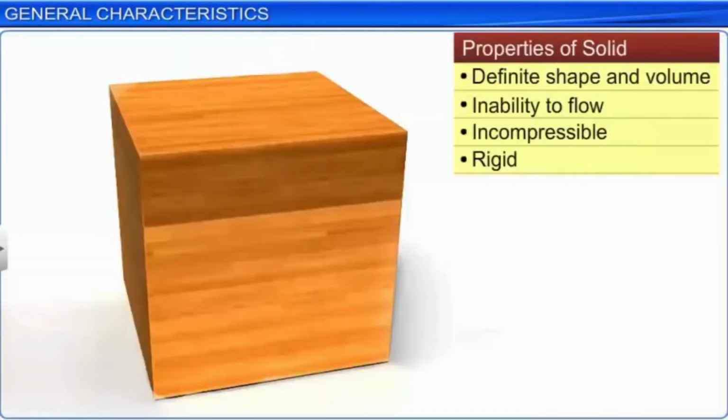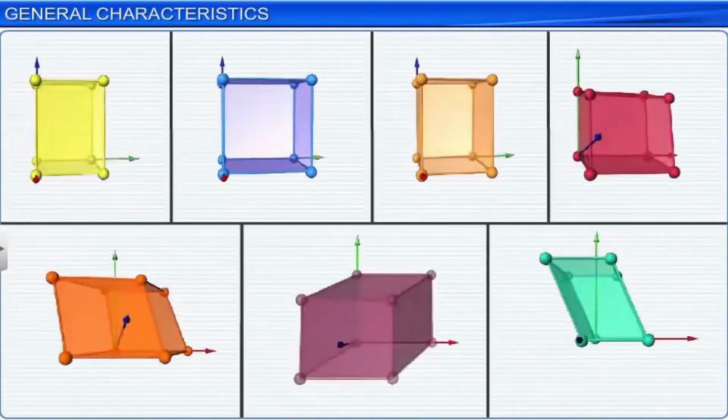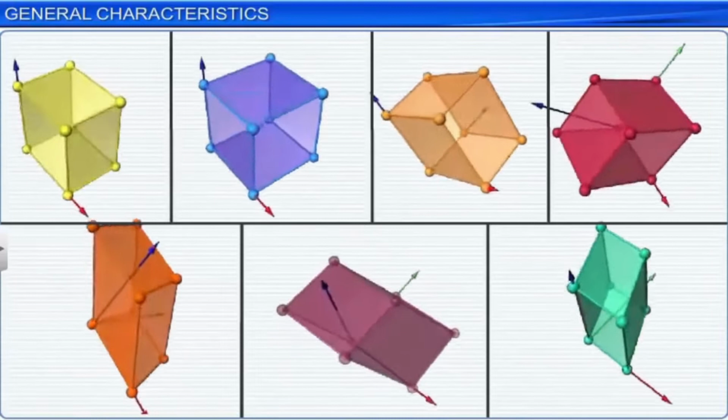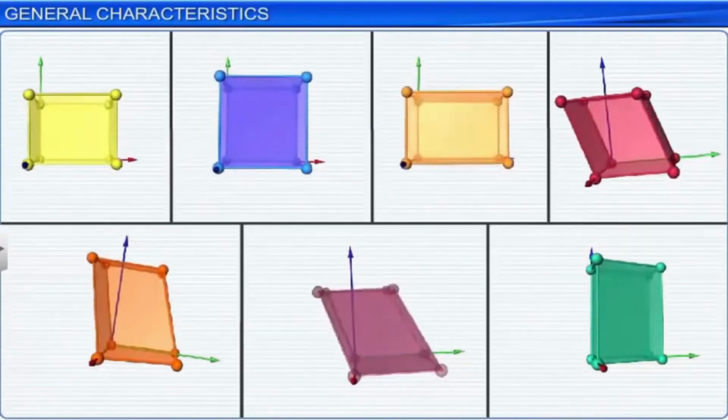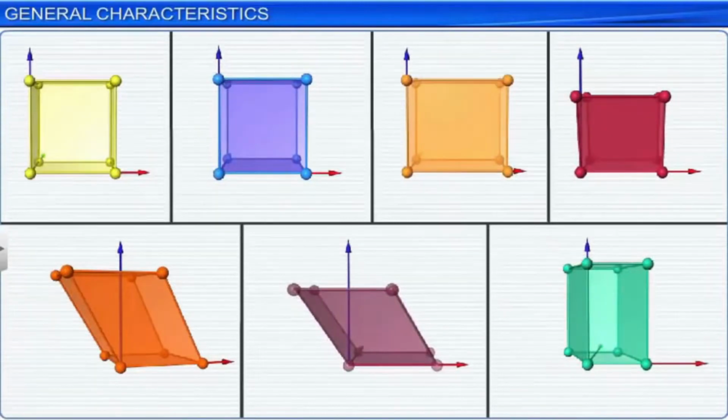Let's take a quick look at how the structure and properties of a solid are correlated to one another. The nature of the constituent particles, the forces of attraction between them, and their arrangement together determine the structure of a particular substance. The properties of any solid substance ultimately depend on its structure.